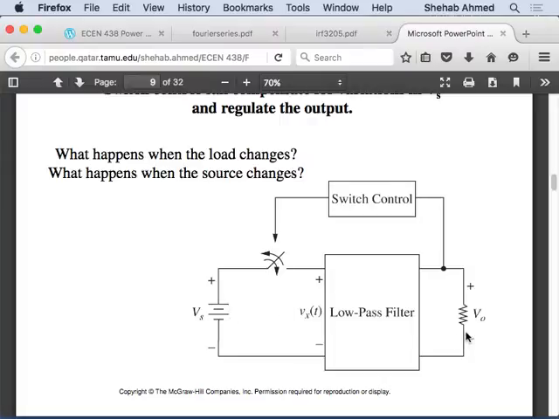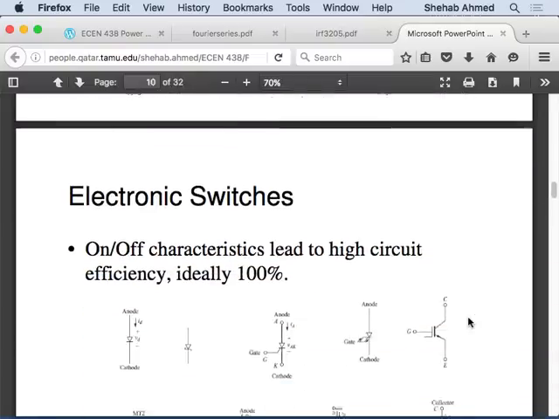Maybe yes, maybe no. If your load is not going to accept that, then you have to control your power converter so that the output is always fixed, regardless of input changes. Or if your load is changing, you want to make sure that the voltage across the output is always fixed, regardless of the load changes. So that's something else we will be discussing.